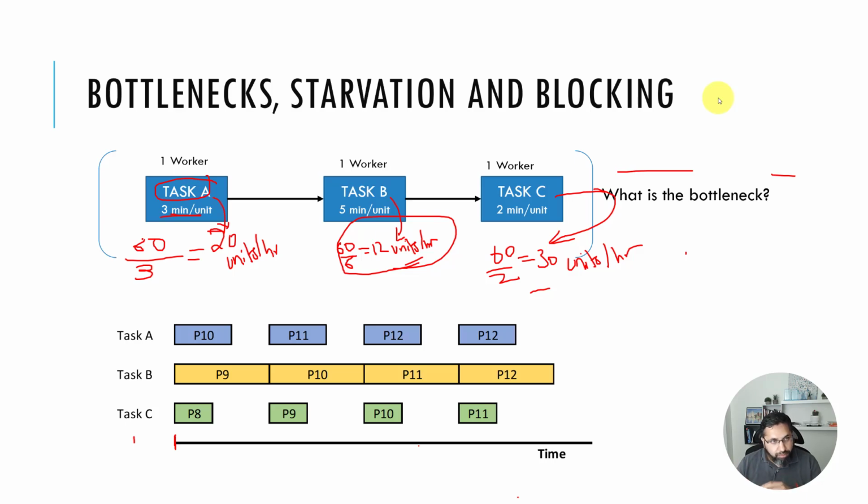You can observe how much you can produce per hour, and you'll notice that the bottleneck task's capacity will be the capacity of the whole process. Okay. So this is a very important idea, blocking and starvation. It explains the reason why the bottleneck limits the whole process.